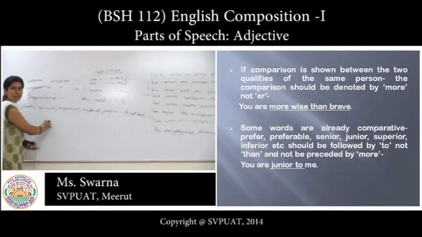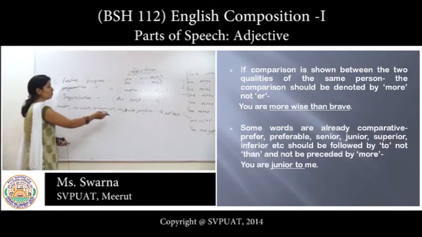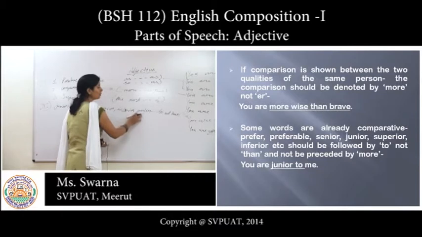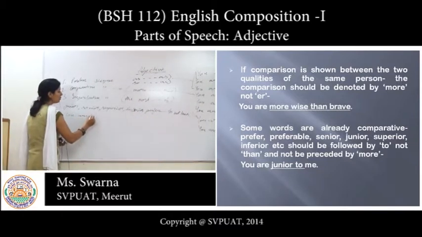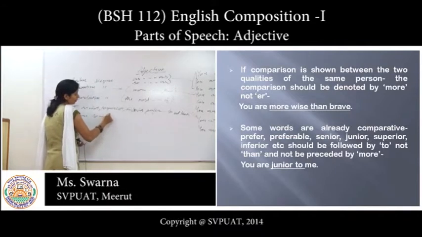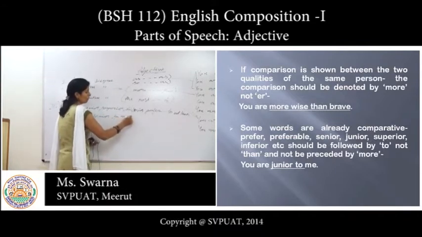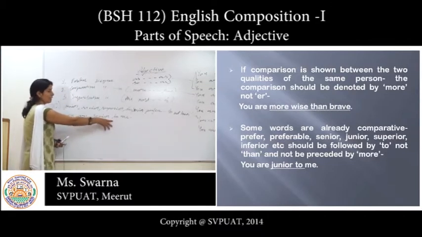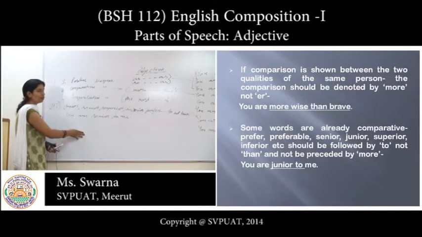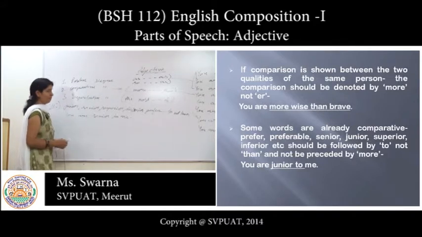These words are comparative words, but we use to after these words, not than. Like, you are senior to me. So we have used to in this sentence, not than, to compare between two persons.